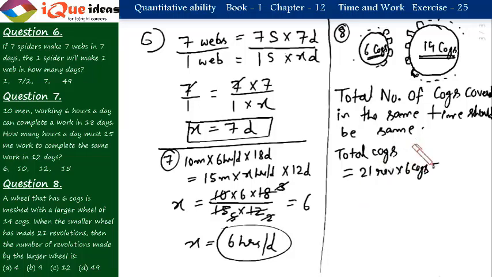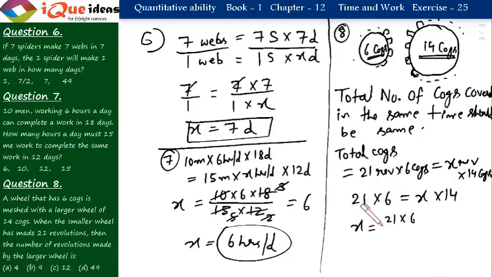Okay, this must be equal to the number of revolutions made by the larger wheel, let's say it is x revolutions into 14 cogs. Okay, so we have 21 into 6 is equal to x into 14. So x will be equal to 21 into 6 by 14. 7 cancels 14 2 times, 7 cancels 21 3 times, 2 cancels 6 3 times, so it is equal to 9 revolutions. So number of revolutions made by the larger wheel is 9.